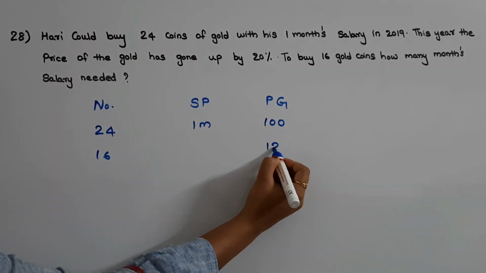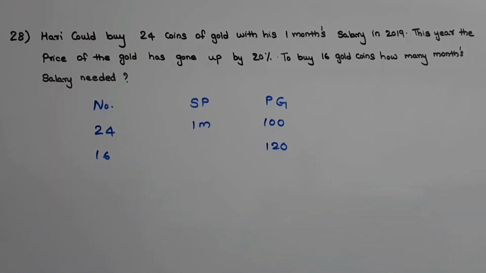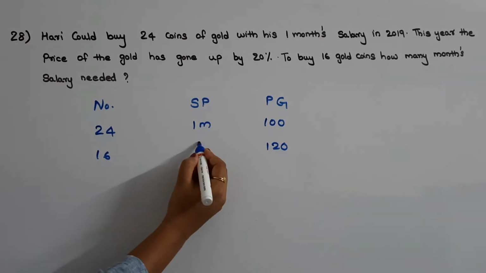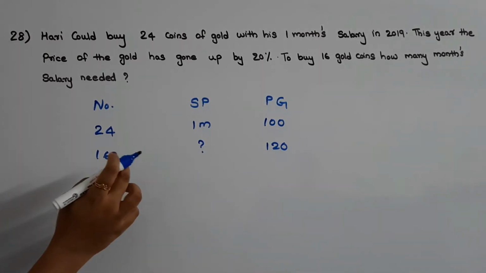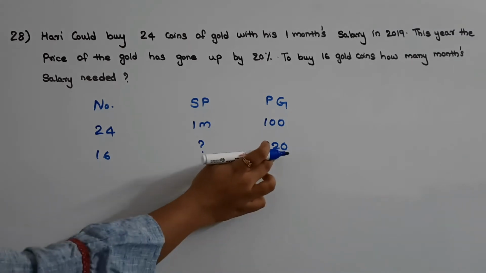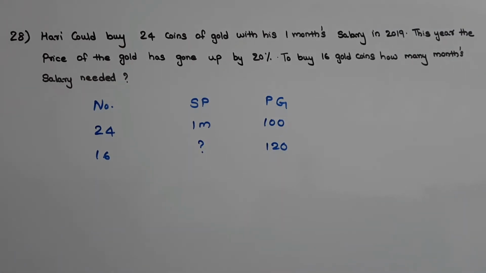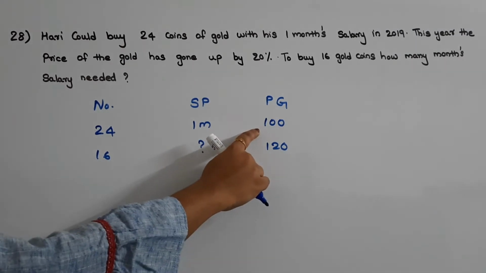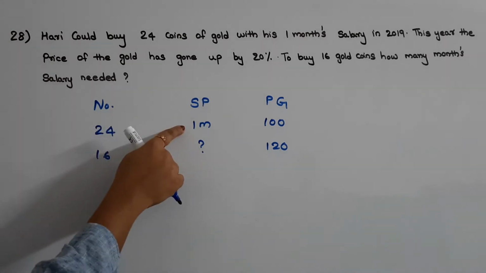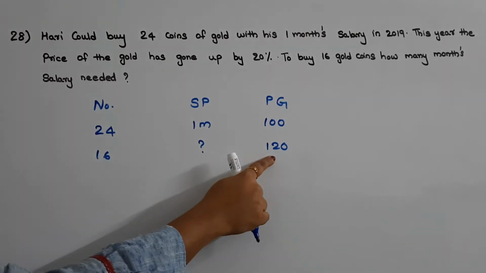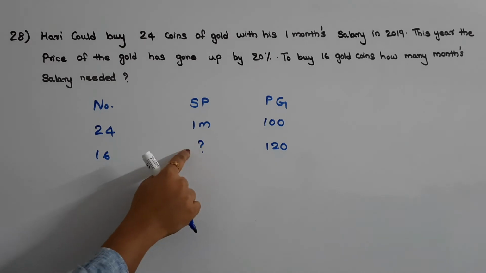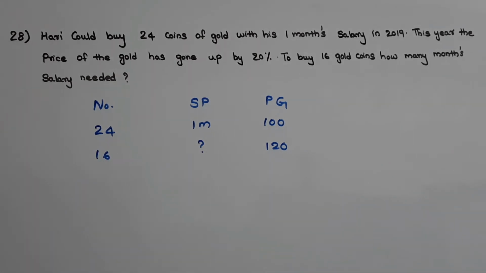That will be equal to 120. Then they are asking in how many months he could buy these 16 gold coins when the price has increased to 120. So, when the price was 100, he could buy 24 gold coins in 1 month. Now, when the price is 120, in how many months he could buy 16 gold coins.